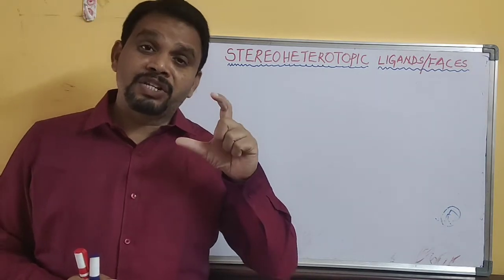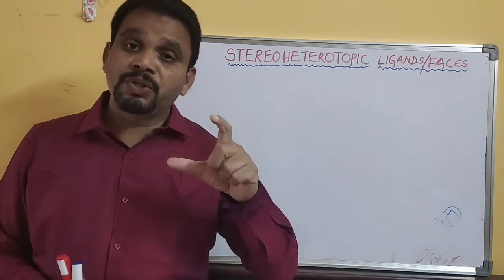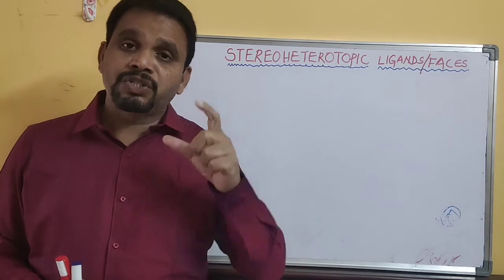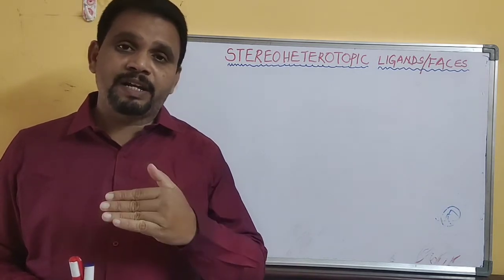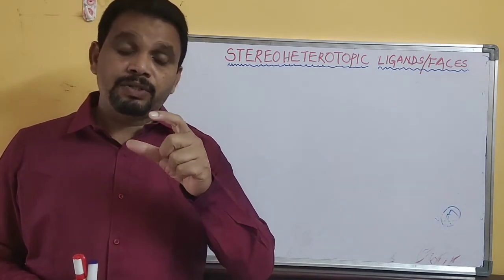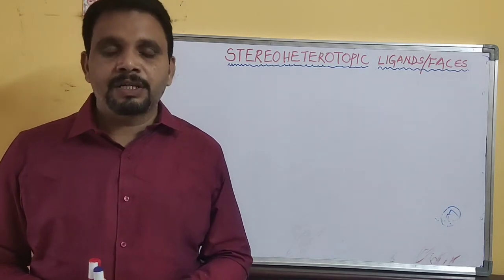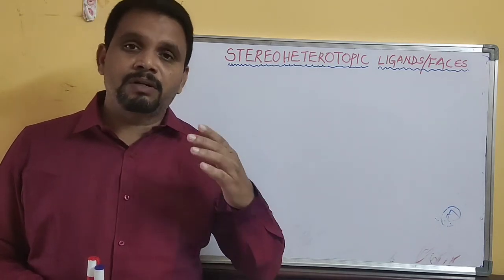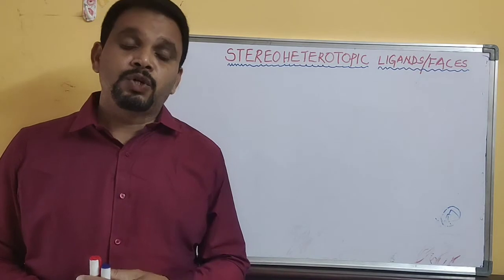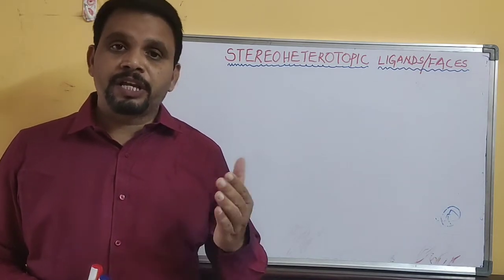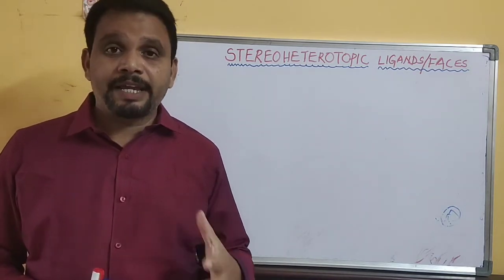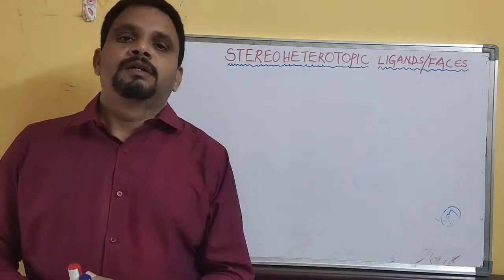Again, enantiotopic units are further classified as enantiotopic ligands and phases. Similarly, diastereotopic units can be diastereotopic ligands and diastereotopic phases.